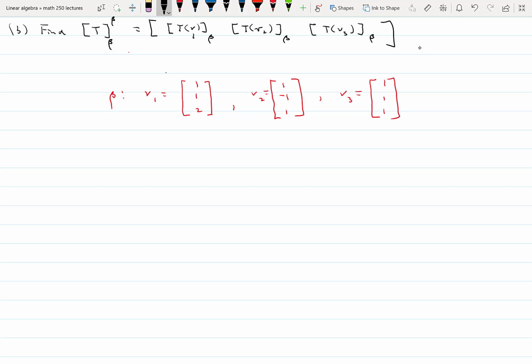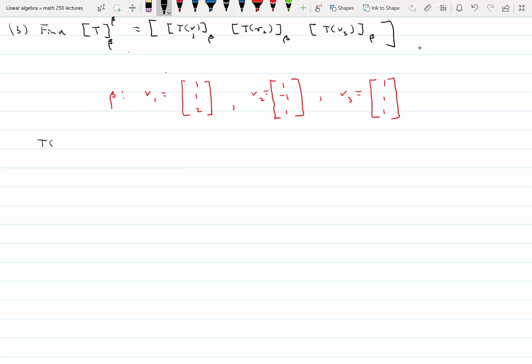What we want to do is systematically look at what the linear transformation does to each of these basis vectors, find T of V1, which is going to be some column vector, and then write that result in terms of the basis vectors V1, V2, and V3.